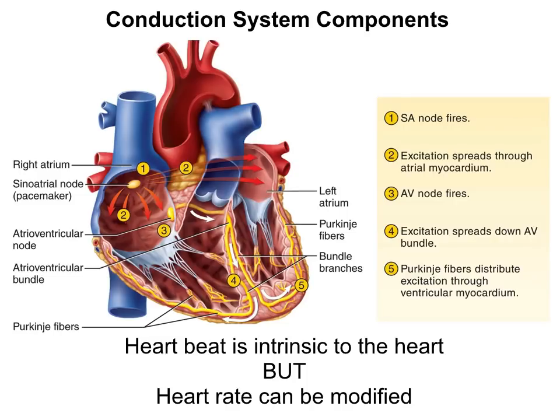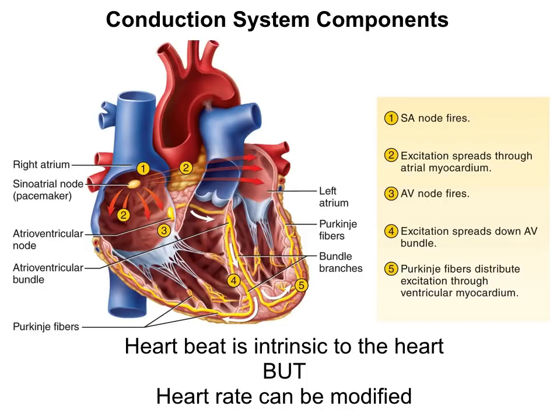And that little structure is called the interatrial bundle. It's specialized cells that will take the action potential made by the sinoatrial node past that electrical signal through the interatrial septum and then throughout the muscle of the left atrium.